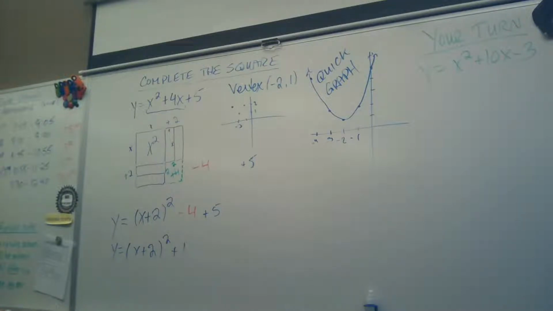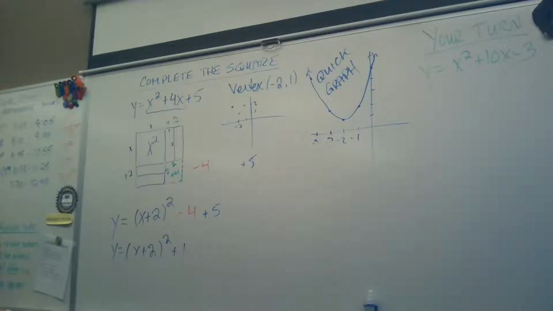Okay, so let's think about our equation. How big is this? Because this bit right here is how long? Now this is x by x. So how long is that one? Not multiplying, just adding.